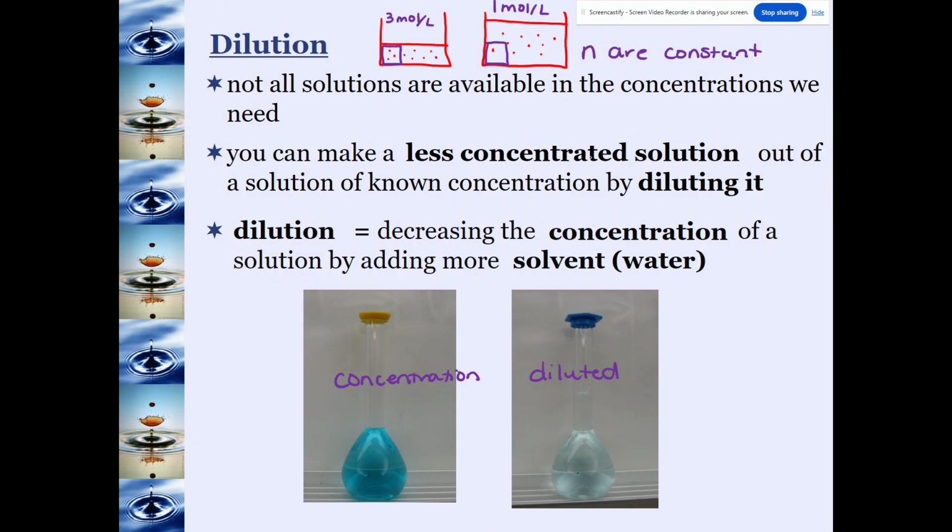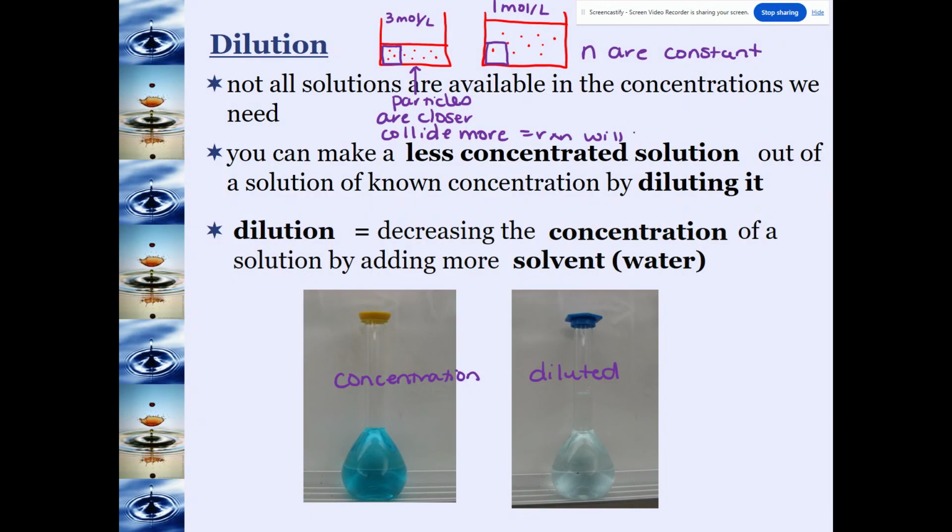When I want to talk about them reacting with another material, reaction speed is based on collision of particles. So when I have a solution with a higher concentration, the particles are closer, so they are going to collide more with whatever they're reacting with, and therefore the reaction will be quicker.